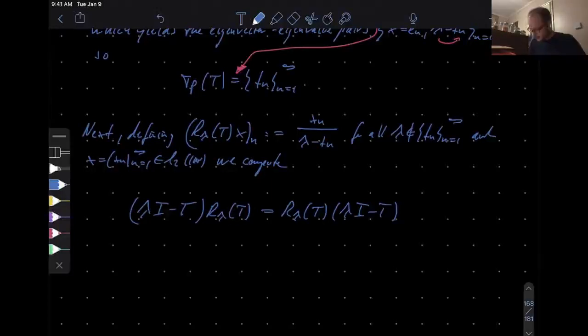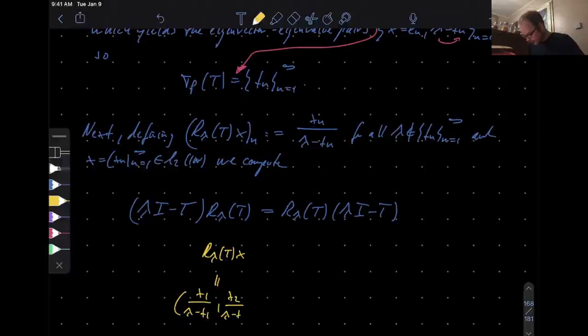Okay, so why is this? Now, look at, for instance, the left-hand side. Act with an x on it. R_lambda(T) x. So this guy will be, according to my definition, at the nth entry, x_1 over lambda minus t_1, x_2 over lambda minus t_2, all the way there, right? So this is what the sequence looks like.